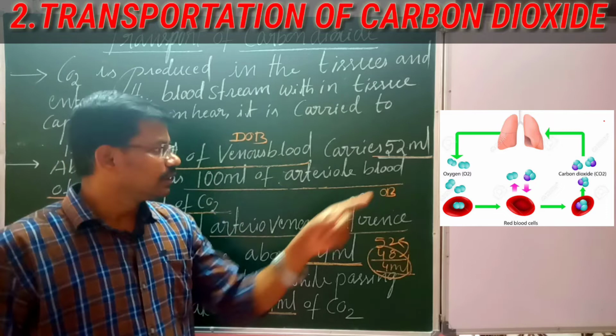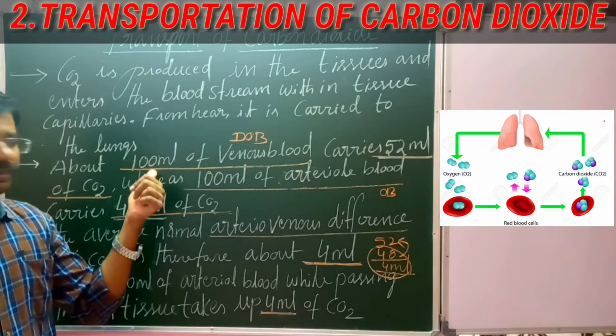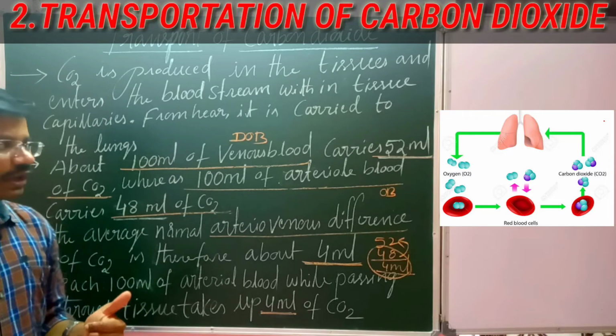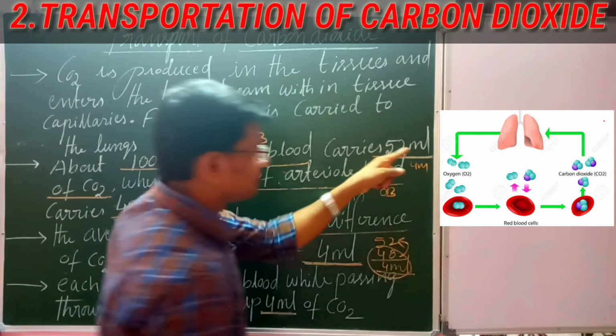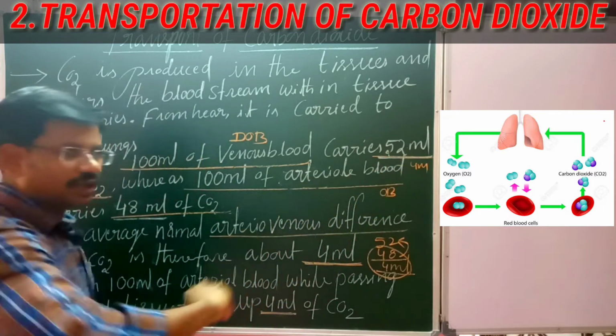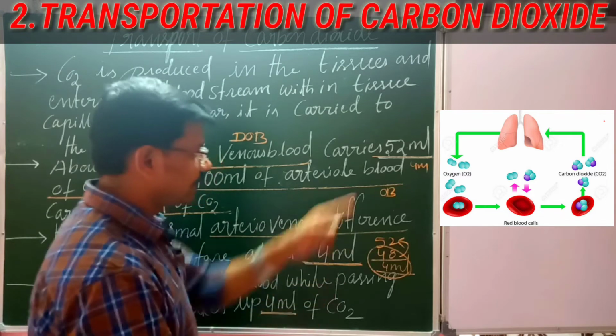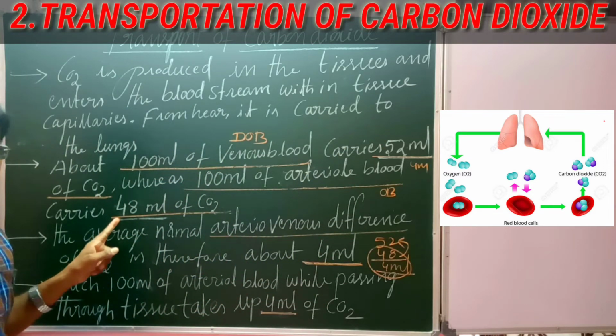See, in each cycle there are 52 ml of carbon dioxide present in 100 ml of venous blood. If you leave out 4 ml from the 52 ml, the remaining amount, 48 ml of carbon dioxide, will remain in the oxygenated blood.